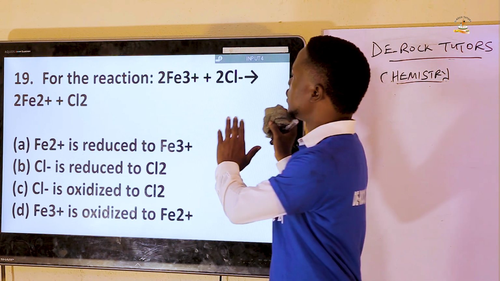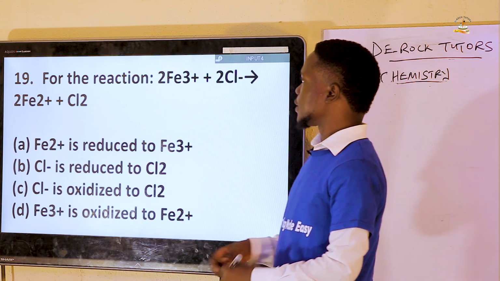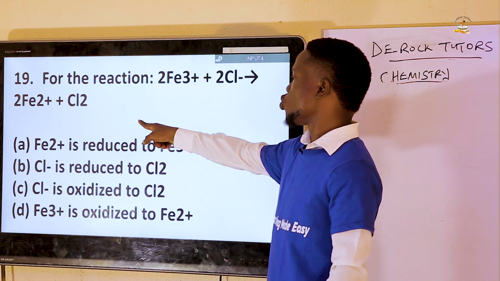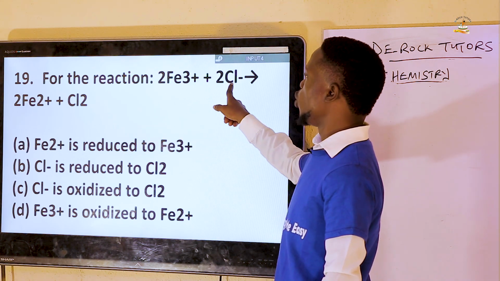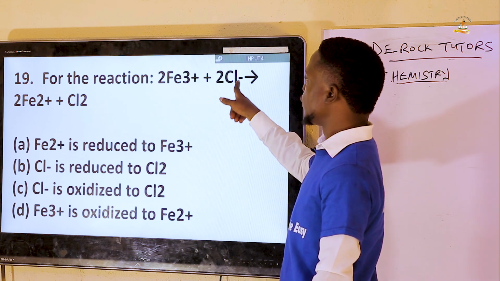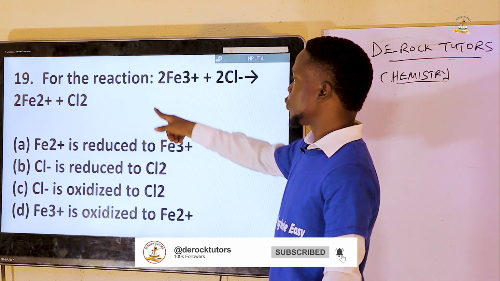So we are going to compare the product side and the reactant side together. In the product side, we can see that we have iron 3 reduced to iron 2. And we can see that chlorine is oxidized. That is, it is increased from -1 to 0, Cl2.